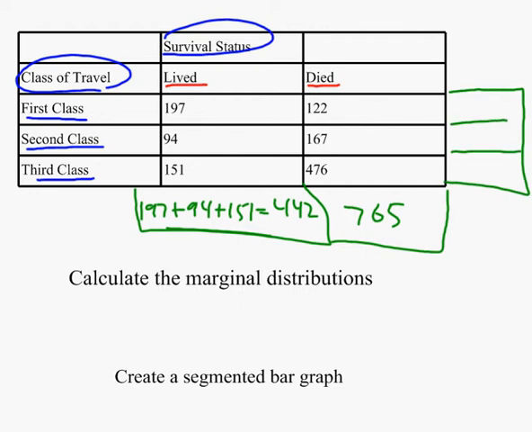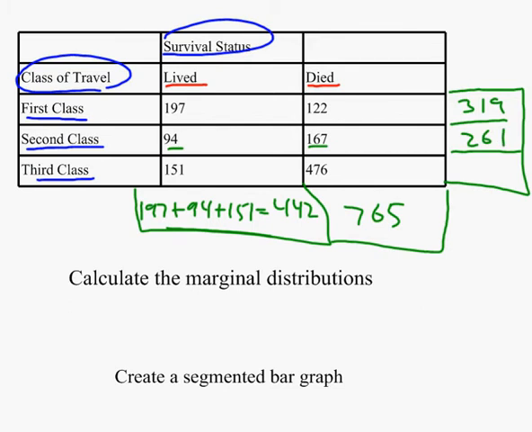And then we can also calculate the marginal distributions over here on the side. We can add 197 plus 122, and this would be the number of first-class passengers. So you get 319. Then we have to do 94 plus 167, 261.